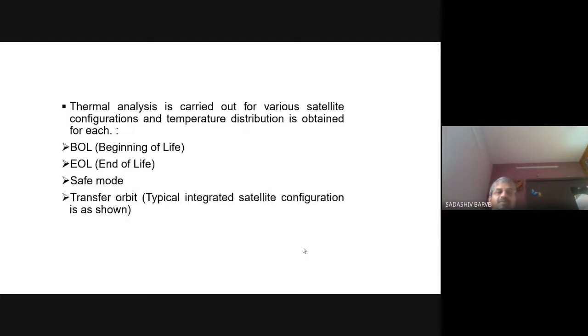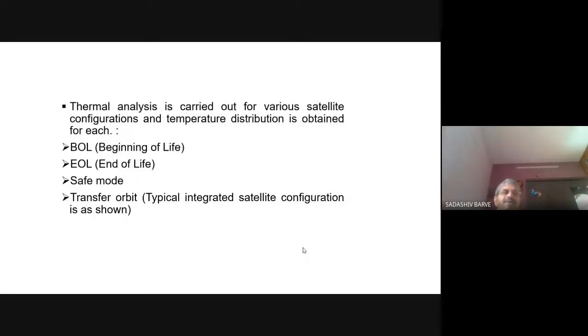So the input given to the satellite is under the worst case condition at the end of life. While at beginning of life, the least input is given to the external surfaces from the external solar load.